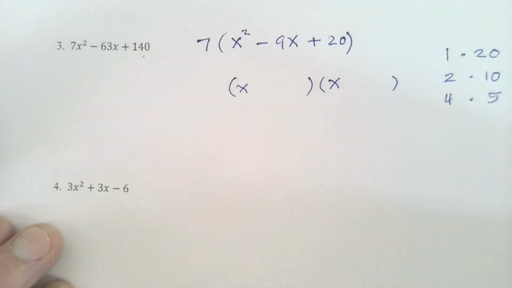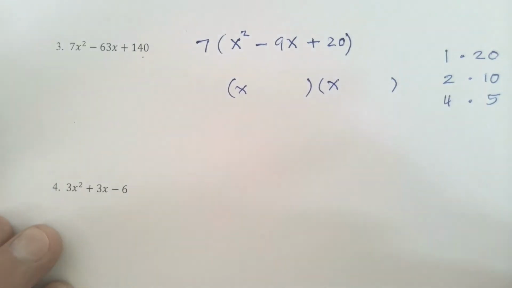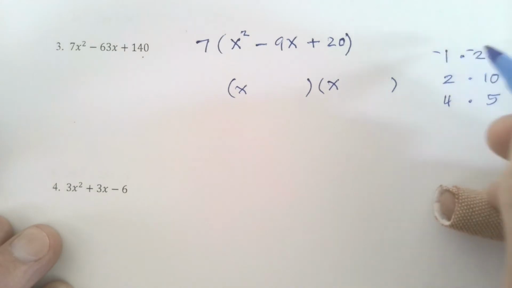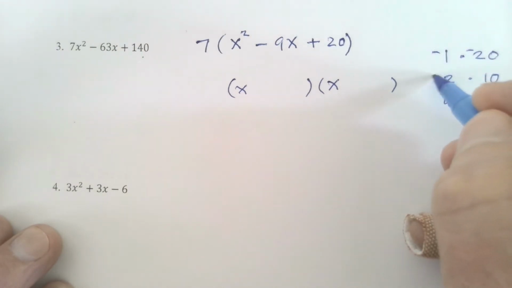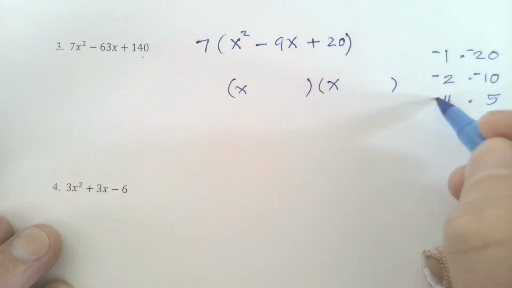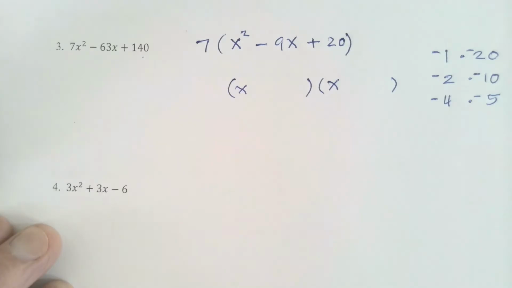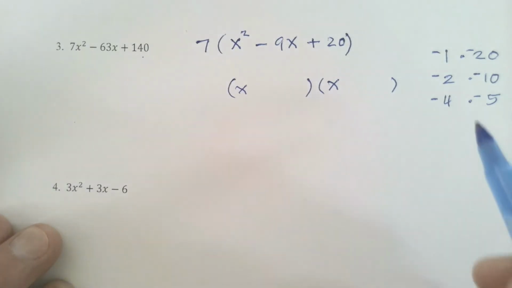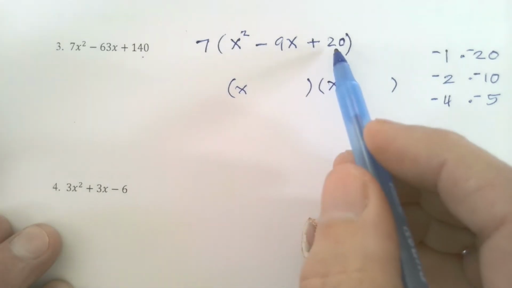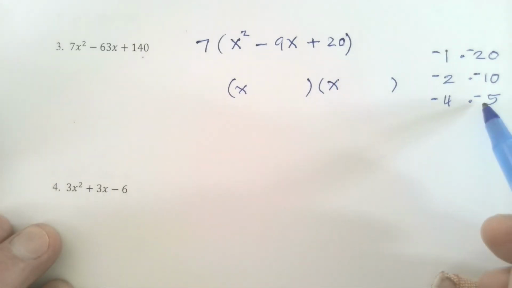So in the previous video, we discussed how for a problem like this, you need negatives everywhere. Just sprinkle these all over. And you'll notice that the last combination is the correct one because negative 4 times negative 5 is positive 20, but negative 4 plus negative 5 is negative 9.